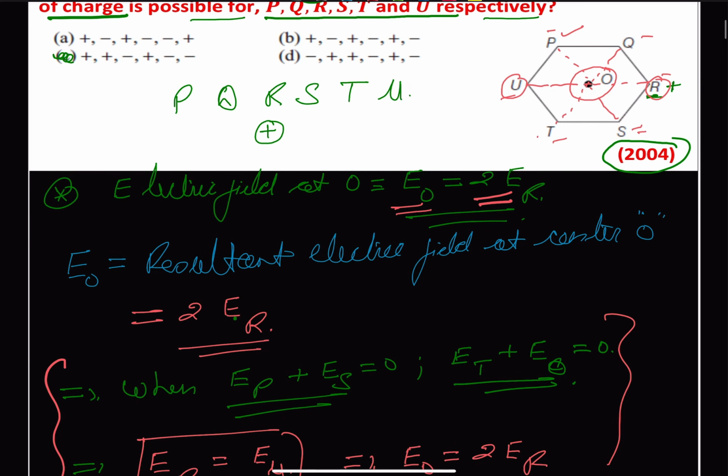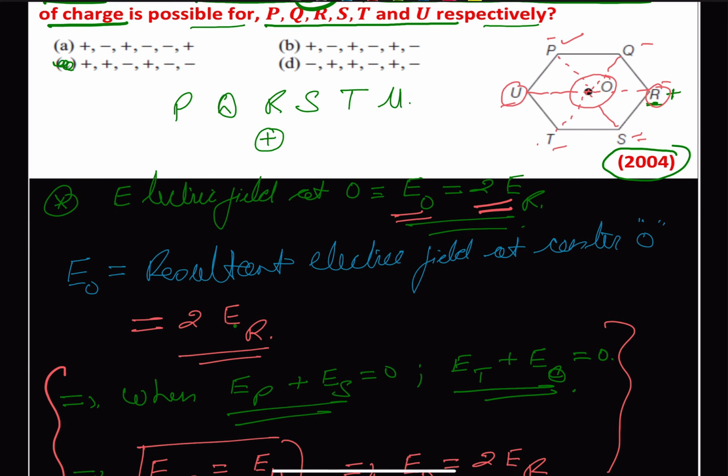Therefore, we start with our P. So we can understand that the charge at P and our S. Let's do with our R and U, and our R is positive and U will be our negative.